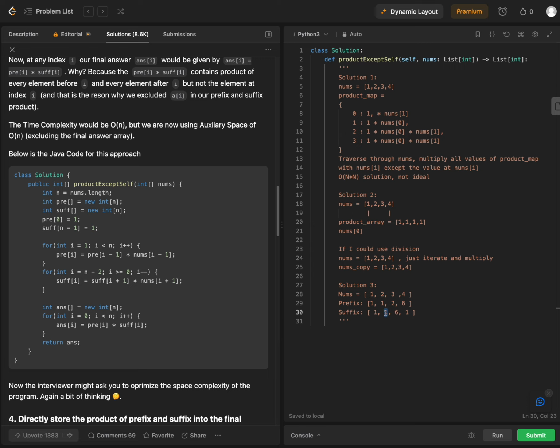Suffix of index 1 is equal to suffix of 2, this, times nums of 2, which is this 12. And then you come here finally, suffix of 0 equals suffix of 1 times nums of 1.